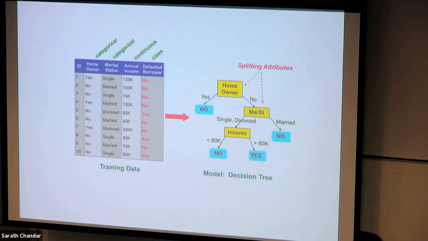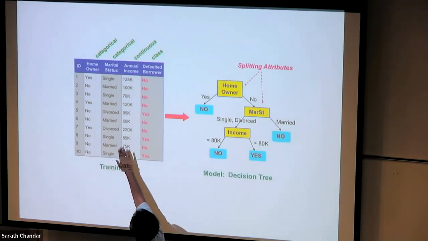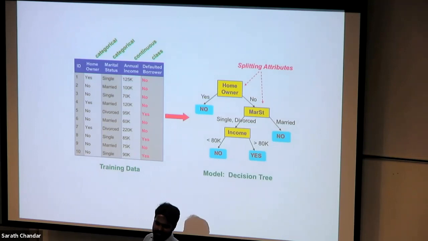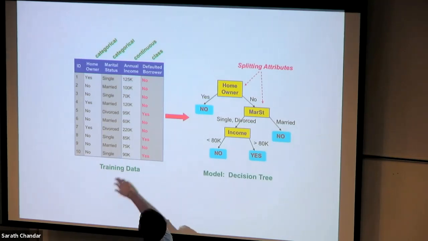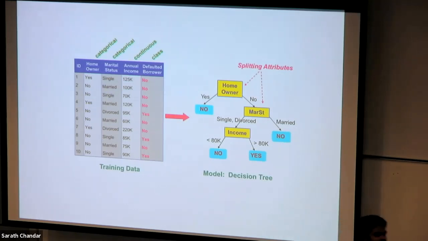You can see that there are a few features here: whether this person has a home or not, the marital status of this person, and the annual income. There are going to be hundreds of features, but for example, we have these three features. Given these three features, I want to decide whether to give a loan to somebody or not.